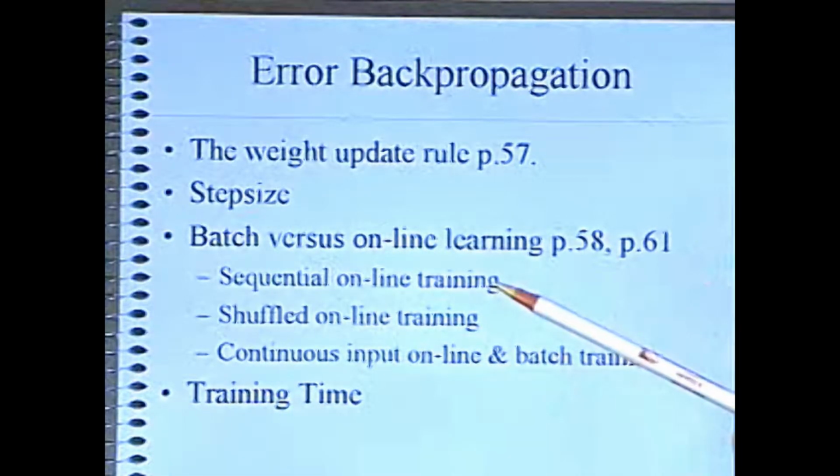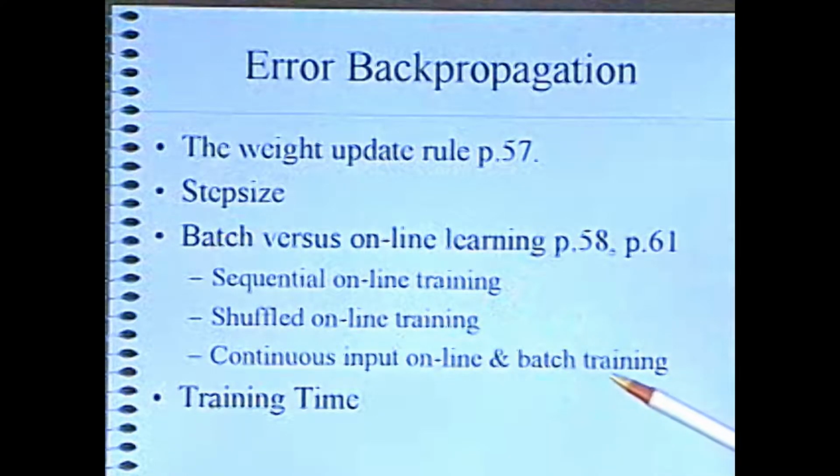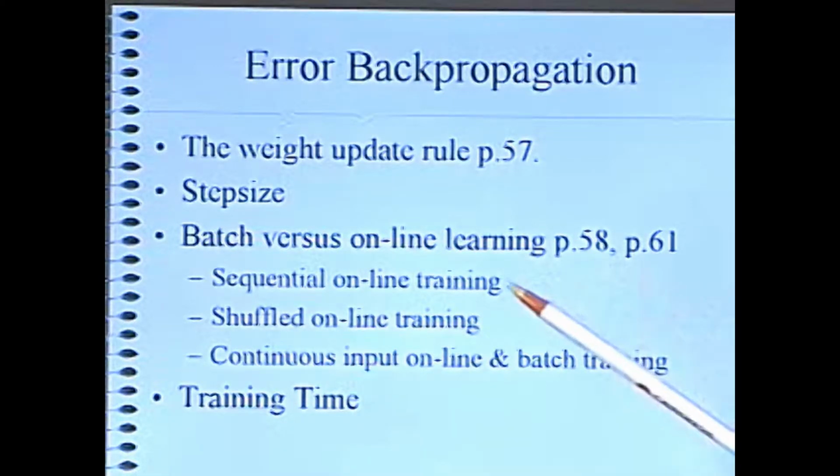One is sequential online training, shuffled online training, and continuous input online and batch training. These are all three different ways of applying backpropagation, and let me review them. Sequential online training means that you have a fixed set of data, and this fixed set of data is being repeatedly presented to the neural network in a cyclic fashion.